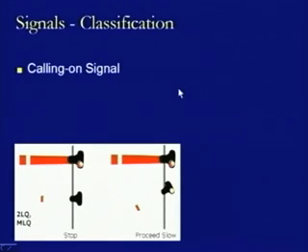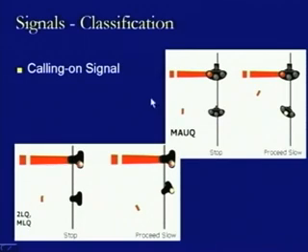Here we are showing the calling on signal, and we have the lower quadrant calling on signal. This is the main signal which is being provided. There is another signal provided here, but because this is a white background color, it is not visible in this picture. It is a smaller signal post with a low movable arm.